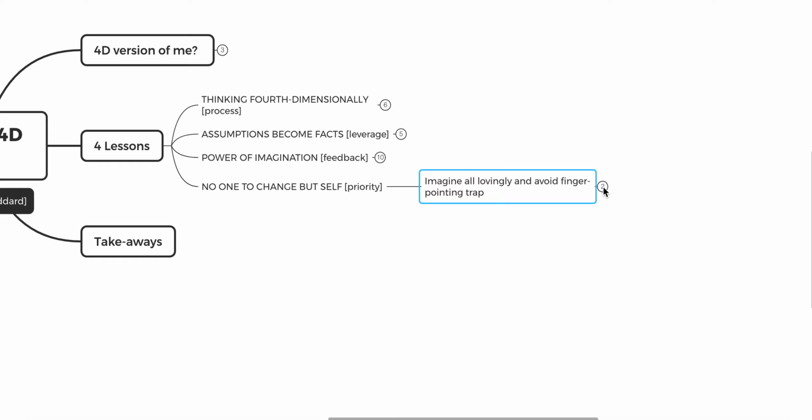And how do I see them seeing me? And this is how I avoid the finger pointing trap, because I don't need them to change anything. I change what I can change within myself, and I focus on controlling what I can control. And I let go of everything that I cannot control, like their behavior.